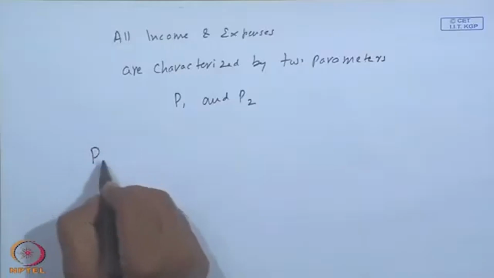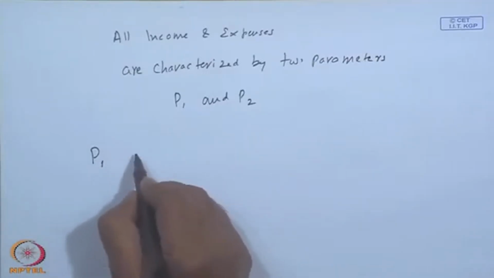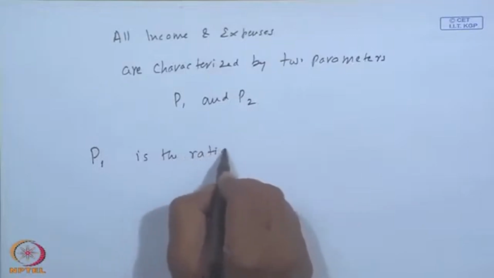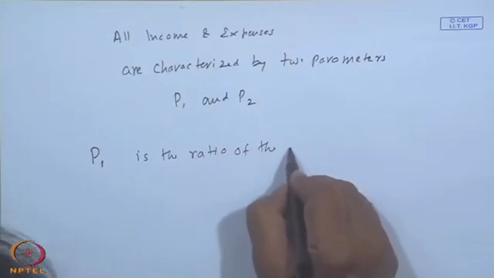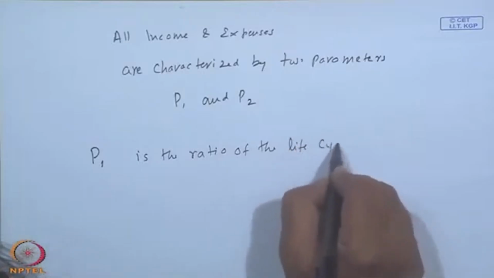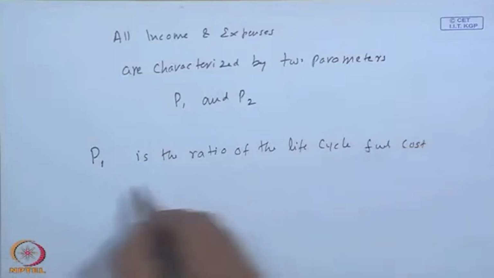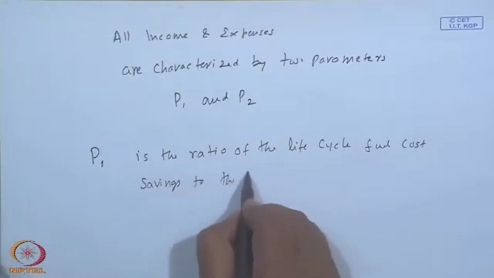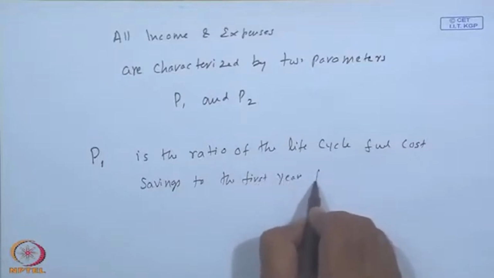So, P1, if you want to have an idea before we try to calculate that, is the ratio of the life cycle fuel cost savings to the first year fuel cost savings.